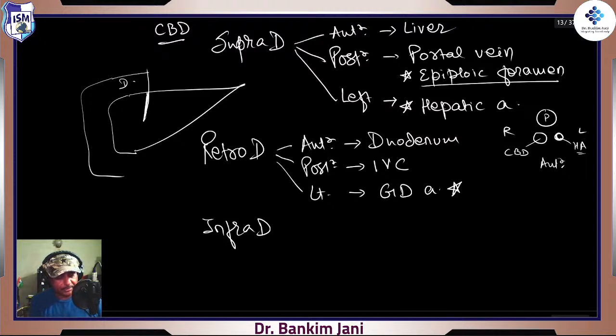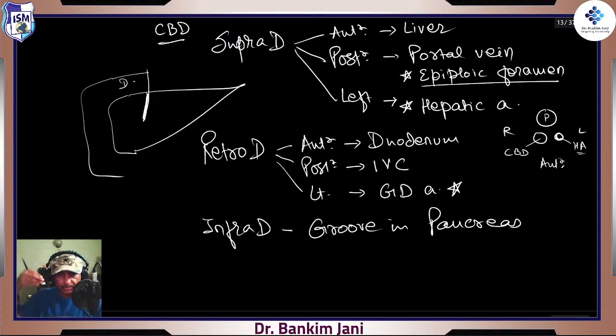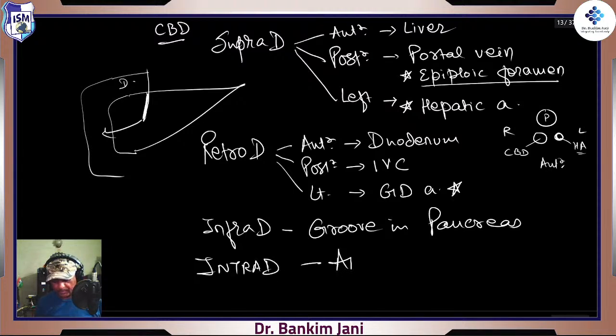So the infraduodenal part is in the groove in the pancreas. There is no further relation, because it is purely in the substance of the pancreas, and then it enters, right? So this infra and that intra duodenum, it is into that ampulla of Vater.